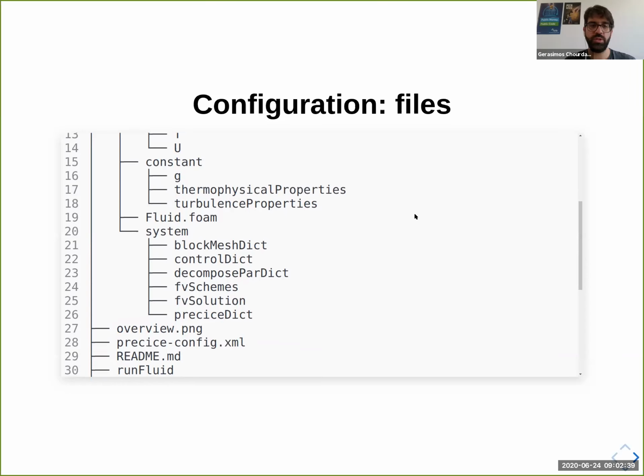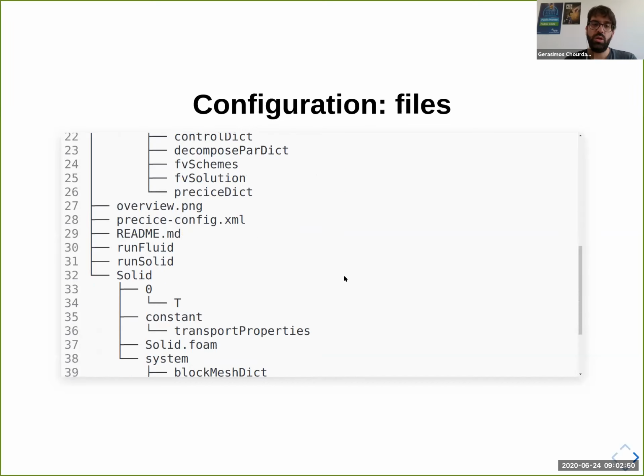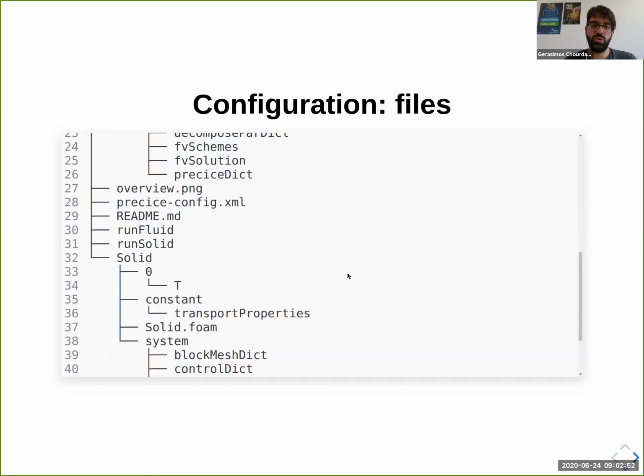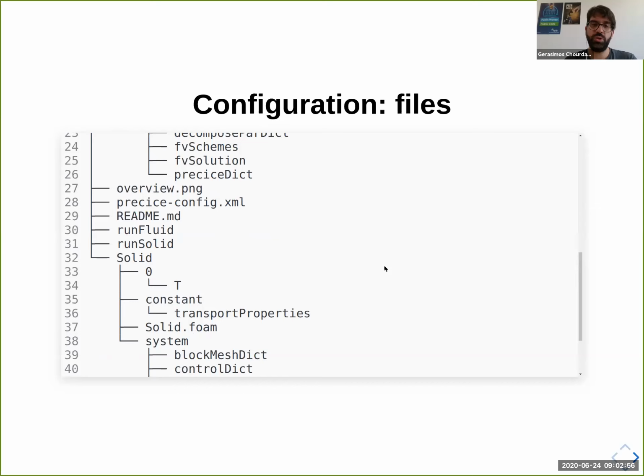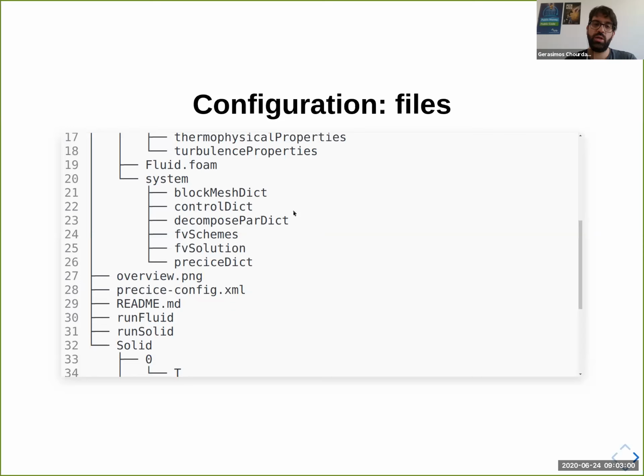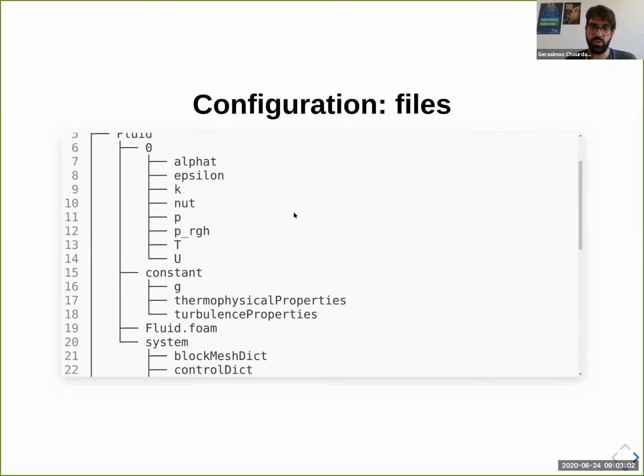We have our constants and the system directory. In the system directory, we have an additional file called preCICE-dict, which I will describe next. And we have a very similar situation in the solid. Apart from this, we also have the preCICE config.xml, which is in the parent directory of the two cases.